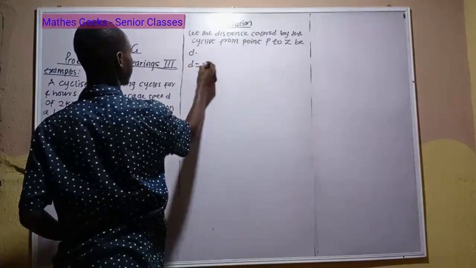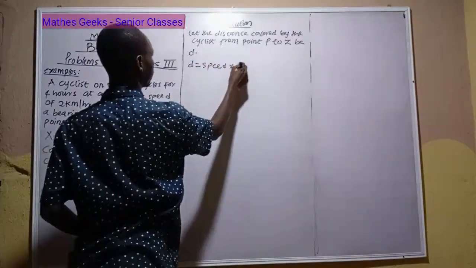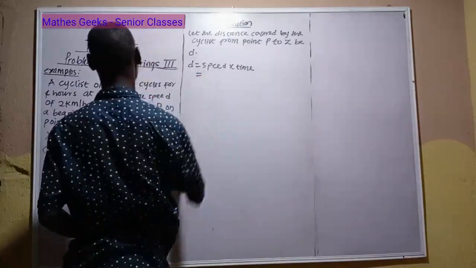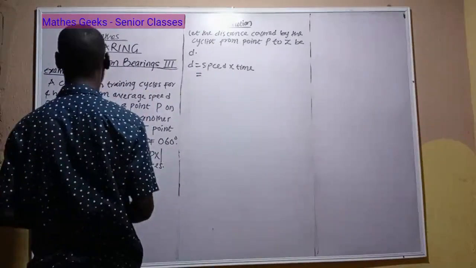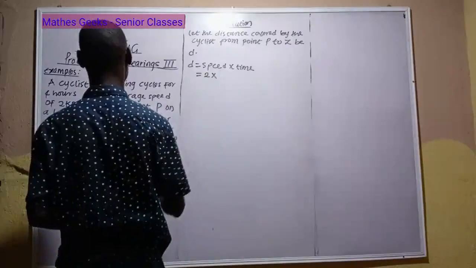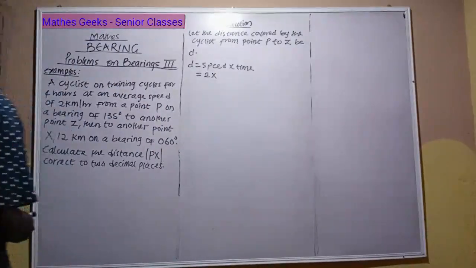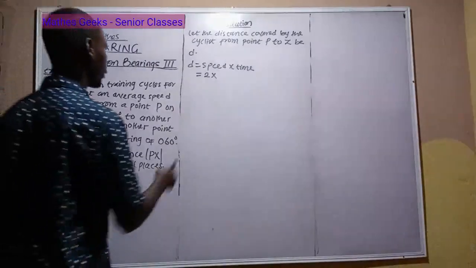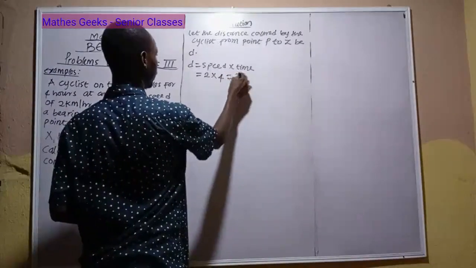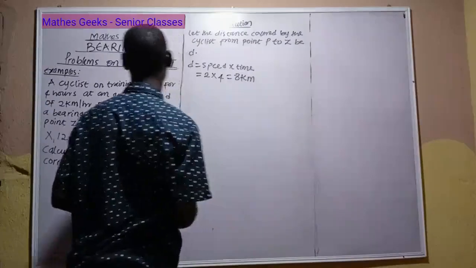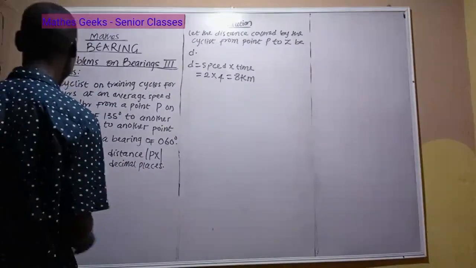So D is equal to speed times time. That's equal to average speed 2 times time, which is 4 hours. That equals 8 kilometers. Okay, so now let's get our bearing.